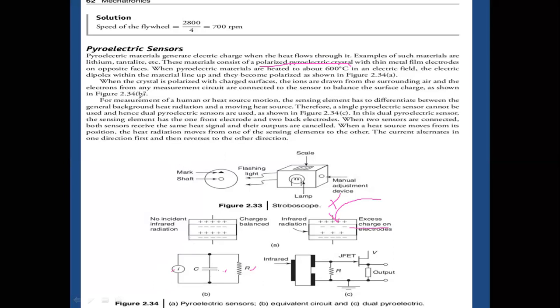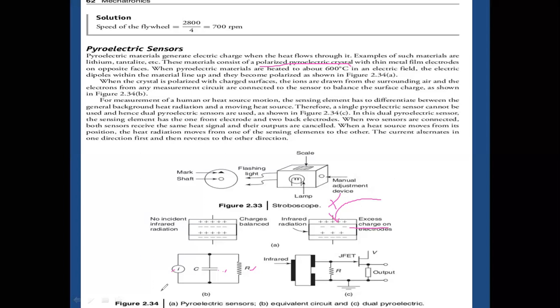For the measurement of a human or heat source in motion, the sensing element has to differentiate between the general background heat radiation and moving heat sources. What does it mean? Whenever a human is in motion, some kind of heat is developed within the body.